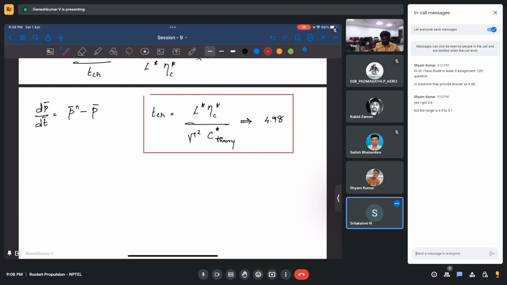After all, we are using C star actual only, right? Because C star efficiency is also there in the numerator. C star efficiency is C star actual by C star theory, so we are actually doing C star actual by C star theory twice, something like that. Square, yeah.